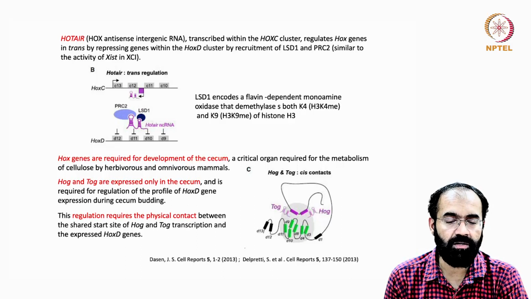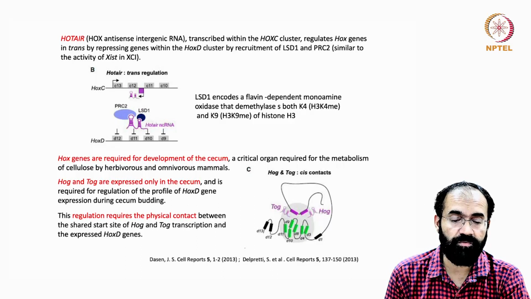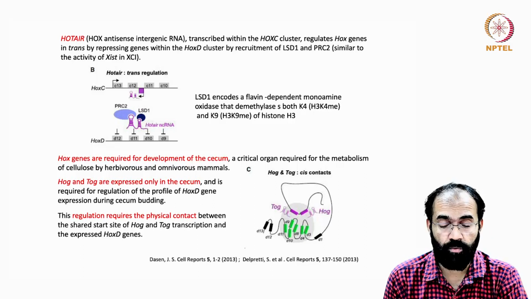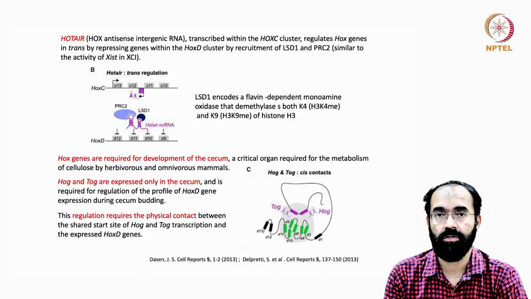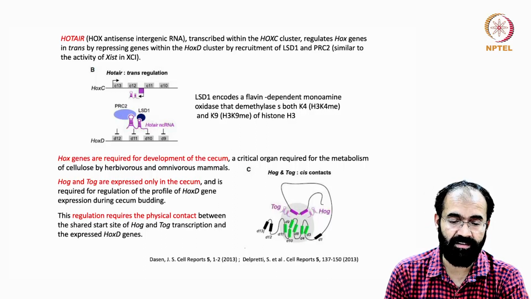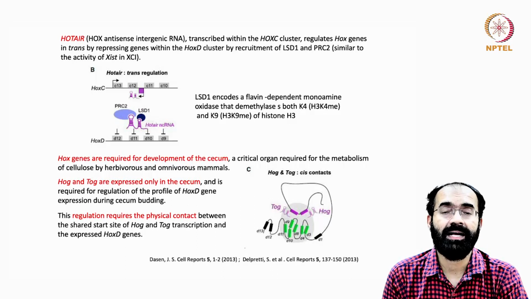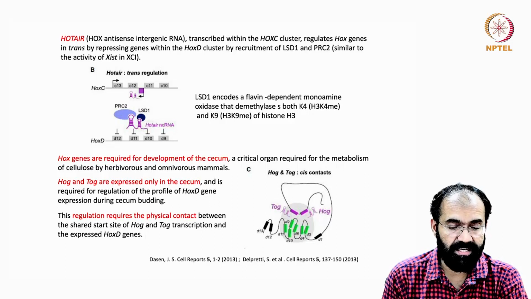So HOG and TOG are expressed only in the cecum and are required for the regulation of the profile of HOXD gene expression, and that is required for cecum budding, meaning it forms like a small bud during embryonic development. So we should understand that HOG and TOG critically control the expression of HOXD.